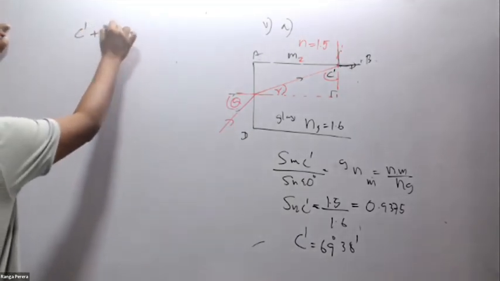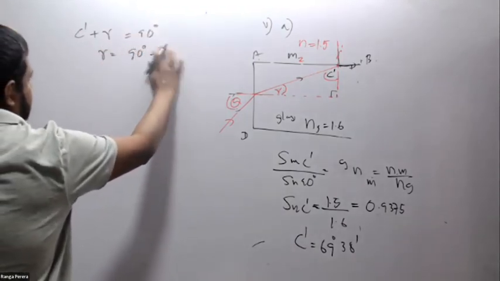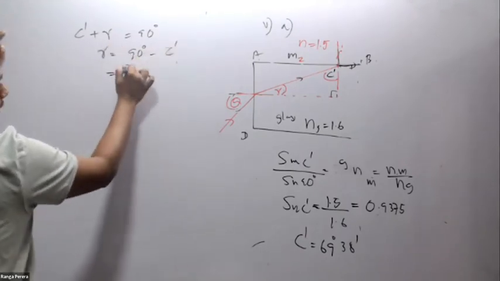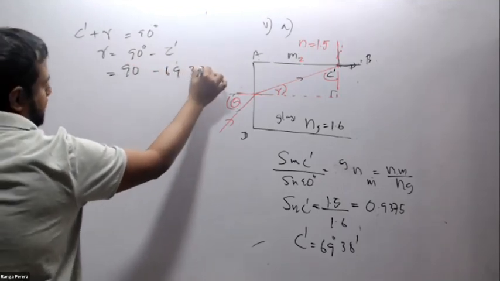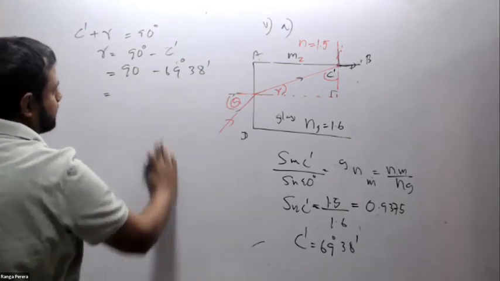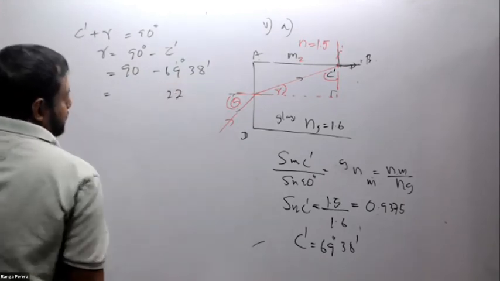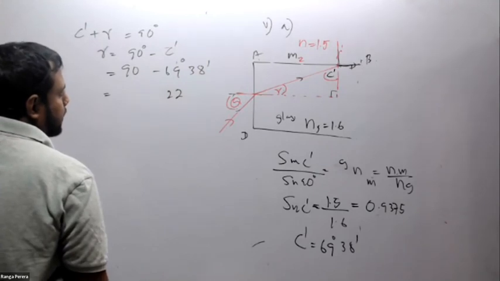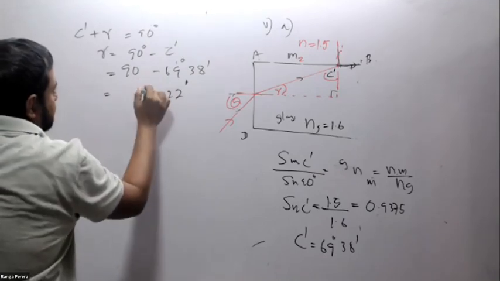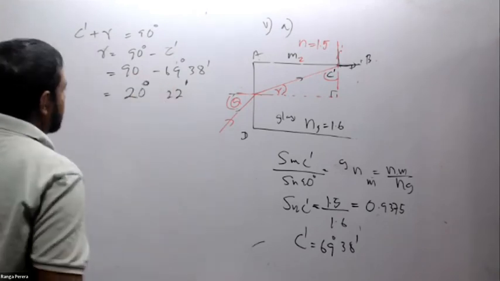C dash plus R must be equal to 90. R equal 90 degrees minus C dash, 90 minus 69.38, which is 20 degrees 22 minutes.